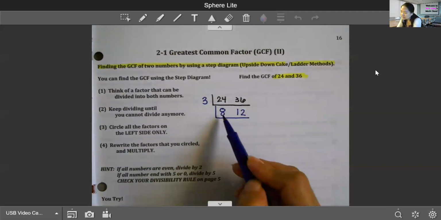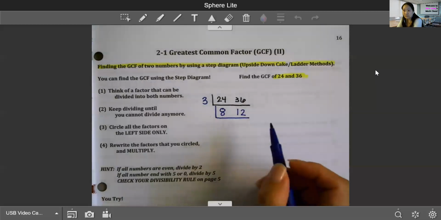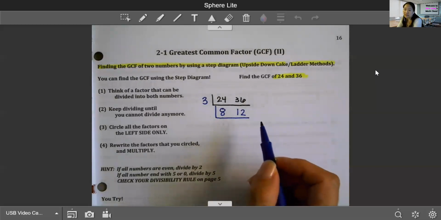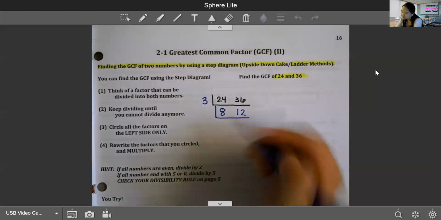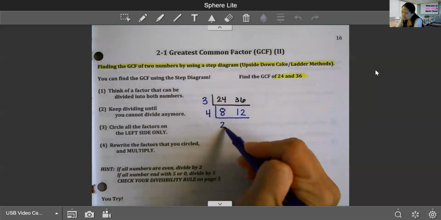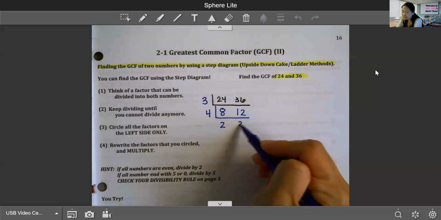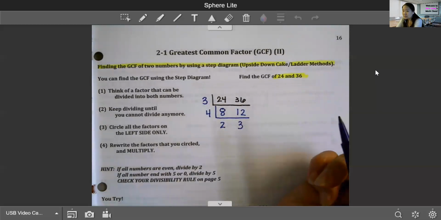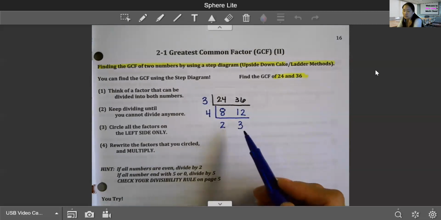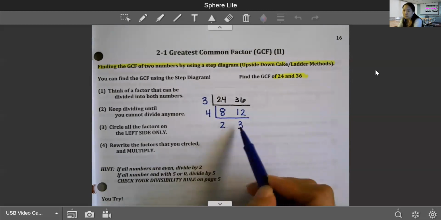Now, what goes into both 8 and 12? Well, 2, 4, and that's it. So let's say you divide it by 4. 4 goes into 8 twice. 4 goes into 12 3 times. Now ask yourself, can I still divide? No. There's no other common factor but 1.